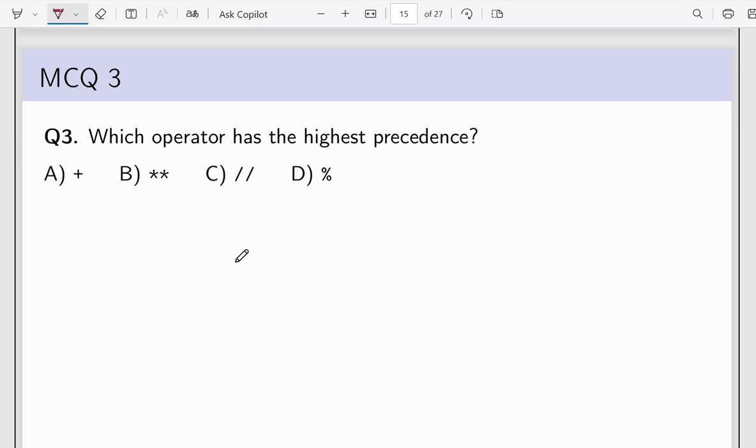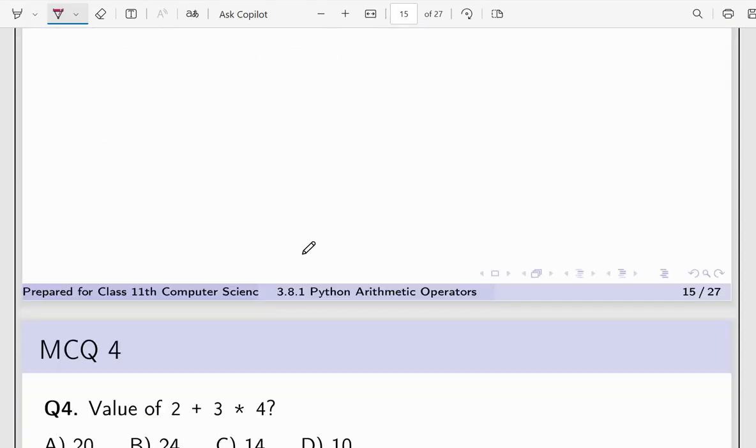Question 3. Which operator has the highest precedence? Among plus, exponential, integer division, and percentage, exponential has the highest precedence. It means in any expression, if an exponential is there, we have to solve the exponential first.